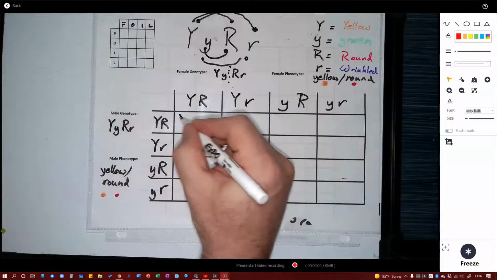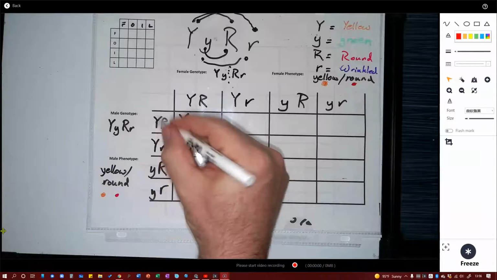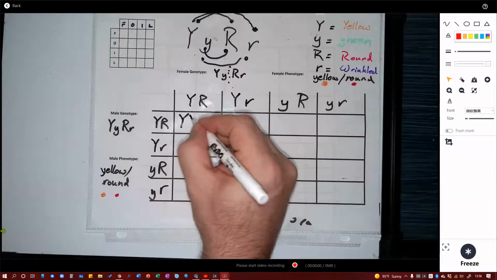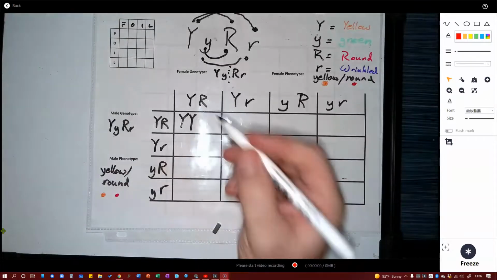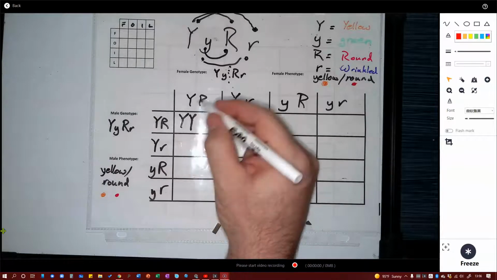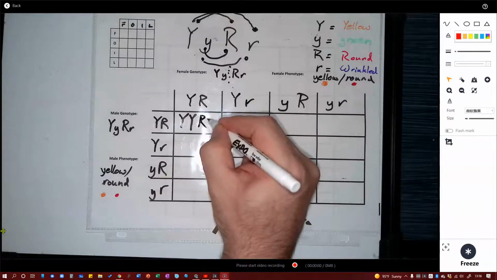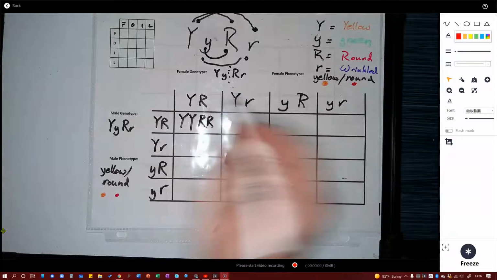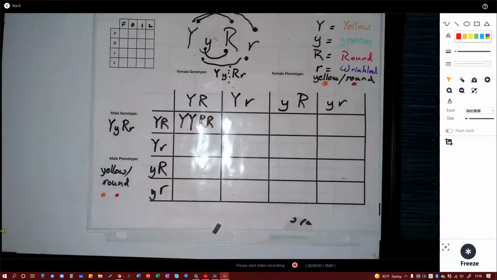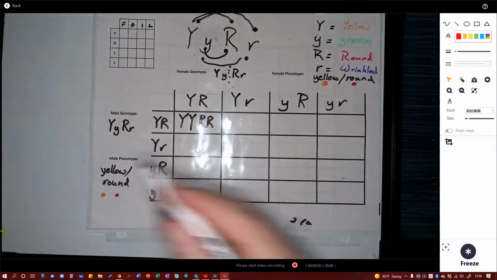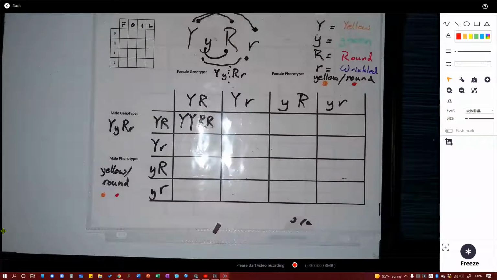So we borrow a Y from over here and a Y from up here. They're both dominant, so boof, we've got homozygous dominant. And again, both of these are going to be dominant, so they're going to be homozygous dominant not only for the color, but for the shape. Then I'll quickly fill all of these in and come back.